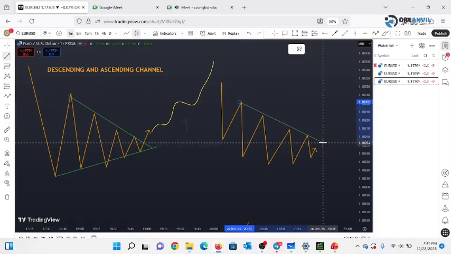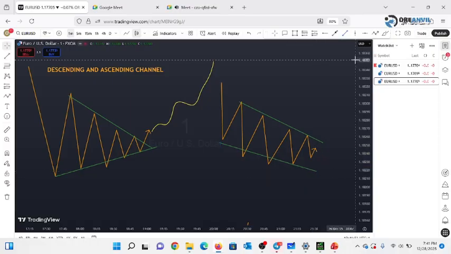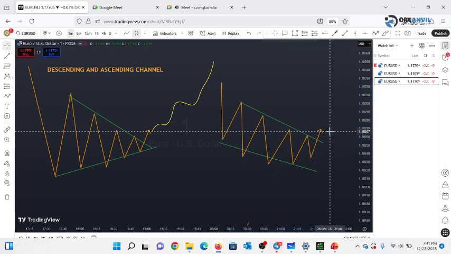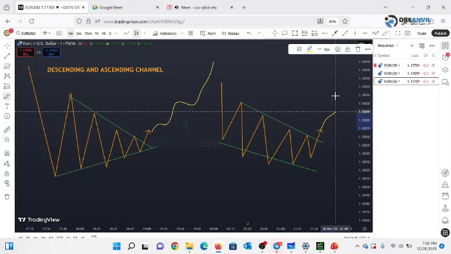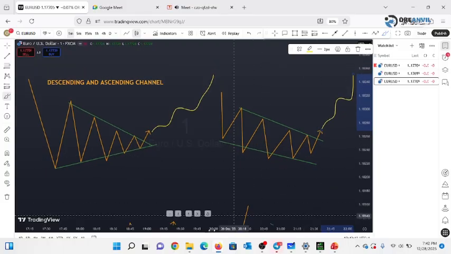You mark this with your trend line, and you mark this with your trend line too. So when the market breaks above this area, this is the buy trade. This is where you go for your buy. Market will start going to the upside from this area. And that is a descending channel.